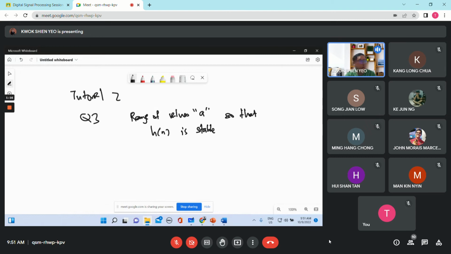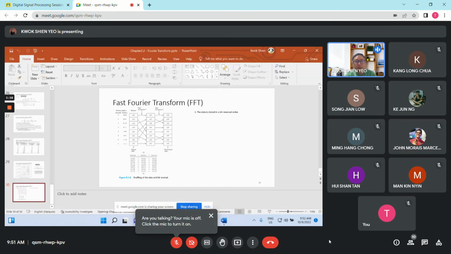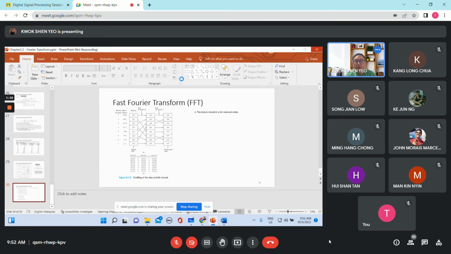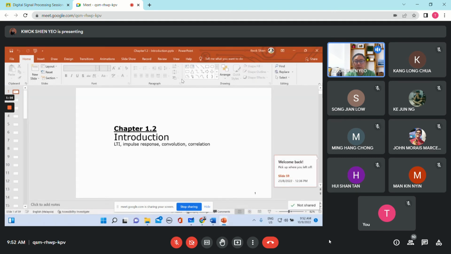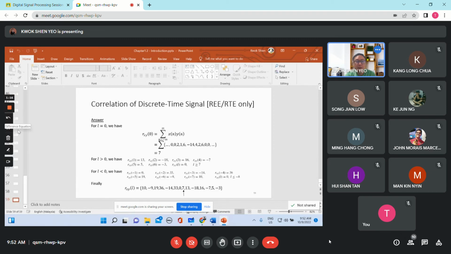Chapter 1.1, 1.2, I forgot. Should be 1.2 lah. I just want to refresh your memory a bit, so that whenever you find a problem, you always know where to get it. Just find stable.